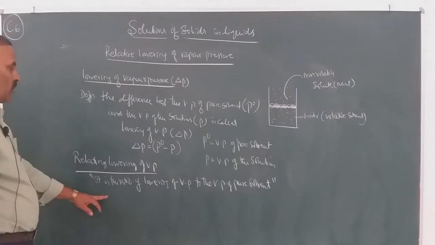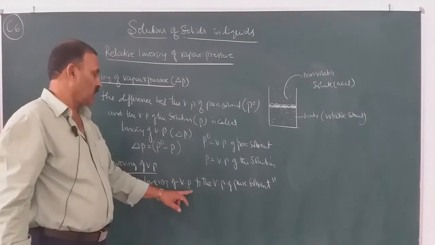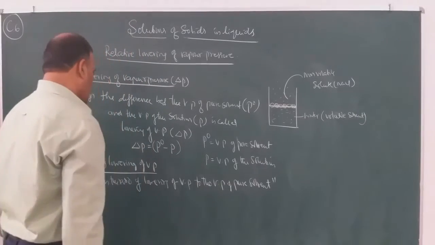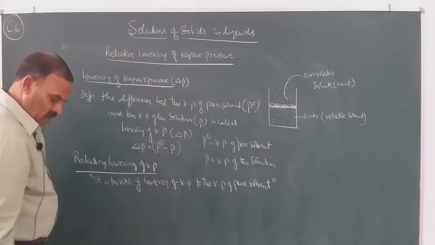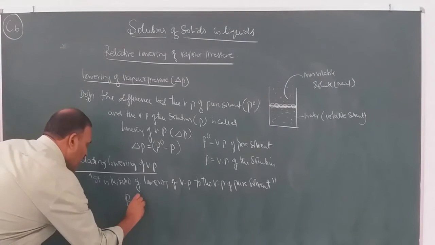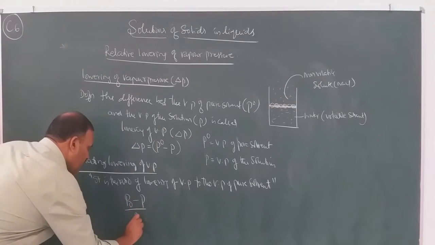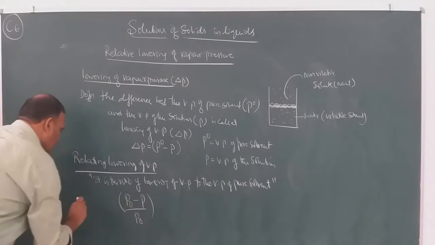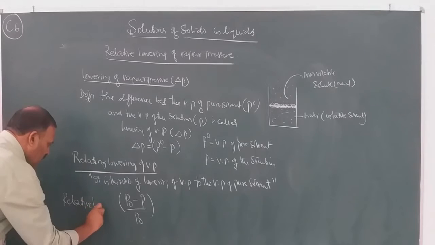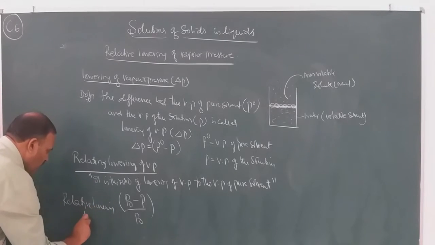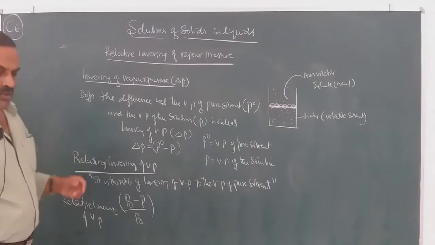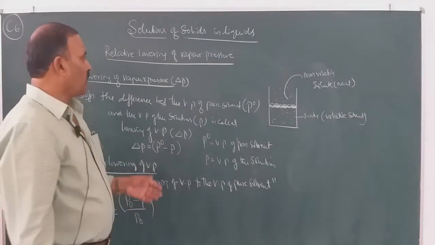The ratio of lowering of vapor pressure to the vapor pressure of pure solvent is called relative lowering of vapor pressure. That is, P naught minus P by P naught is equal to relative lowering of vapor pressure. So this is the meaning of relative lowering of vapor pressure.